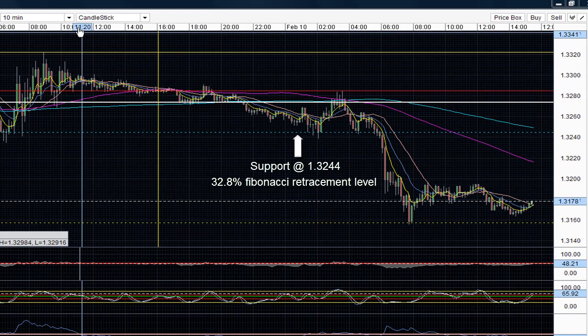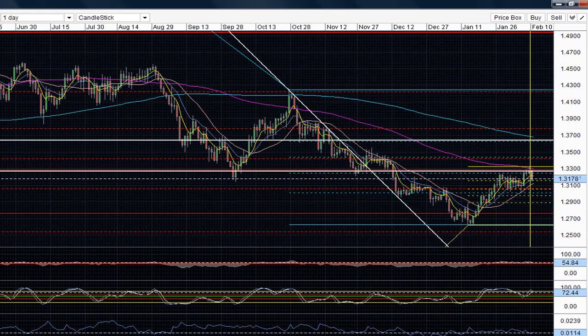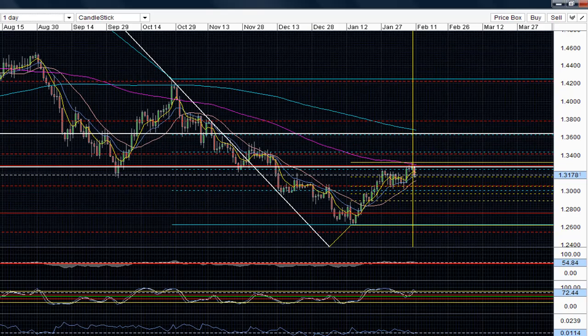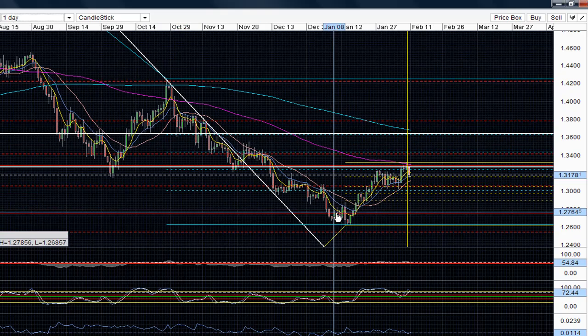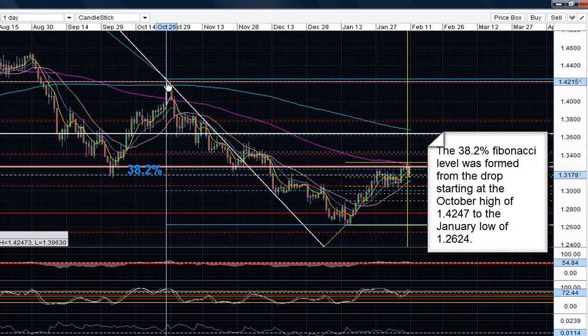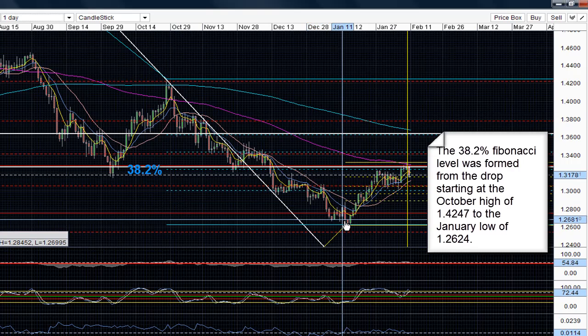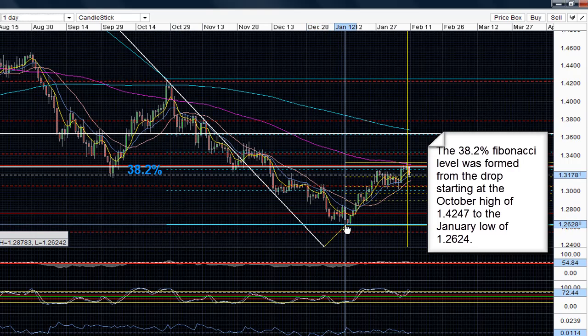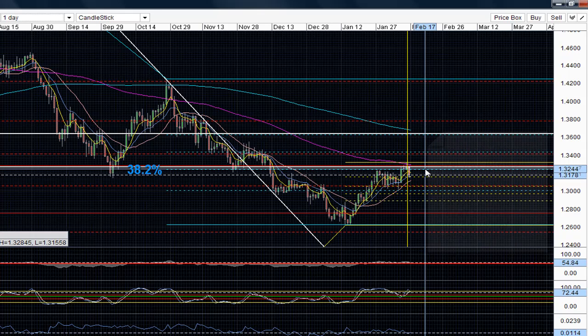Now let me switch to the daily chart to show you where this level comes from. And I know it can be kind of hard to see, but this last drop here on our daily chart from our October high here at 1.4247 down to our January low here at 1.2624 formed the 38.2% fib retracement area at 1.3244.